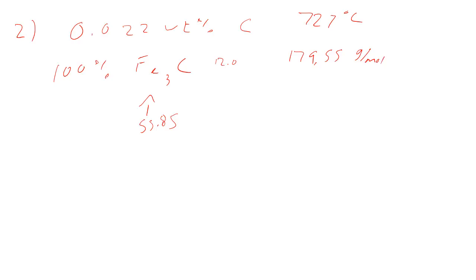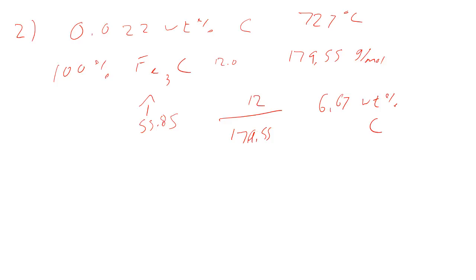And so if we have one carbon divided by 179.55, that gives us that Fe3C is 6.67 weight percent carbon in pure Fe3C.